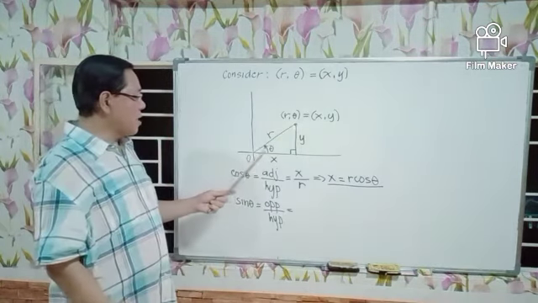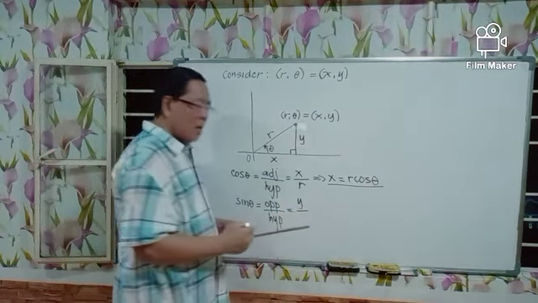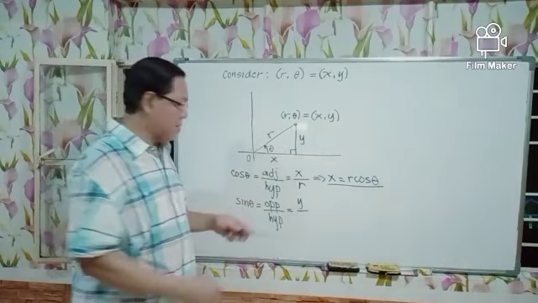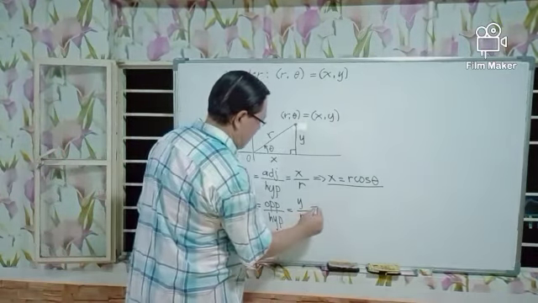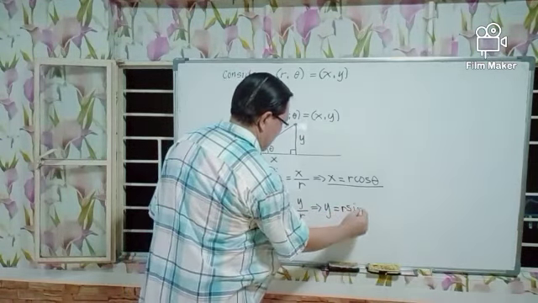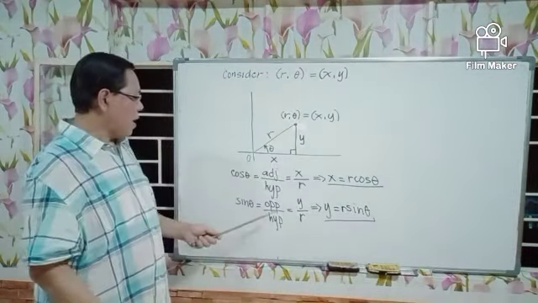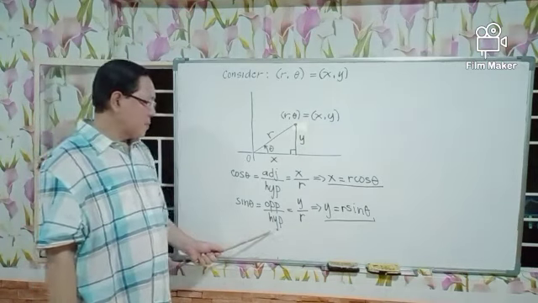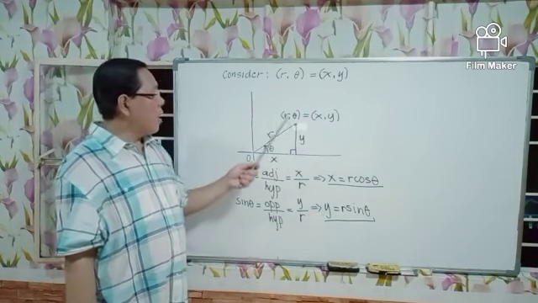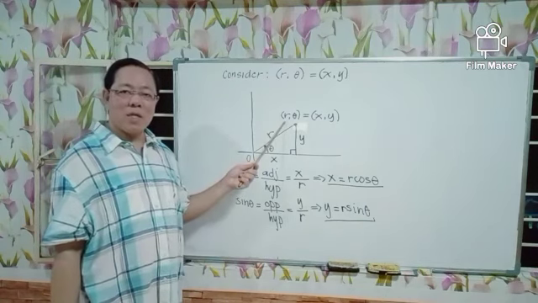From the diagram, the side opposite theta is y, and the hypotenuse is the side opposite the right angle, which is equal to r. And this is the equation that you will use to find the ordinate y of the point with given polar coordinates.